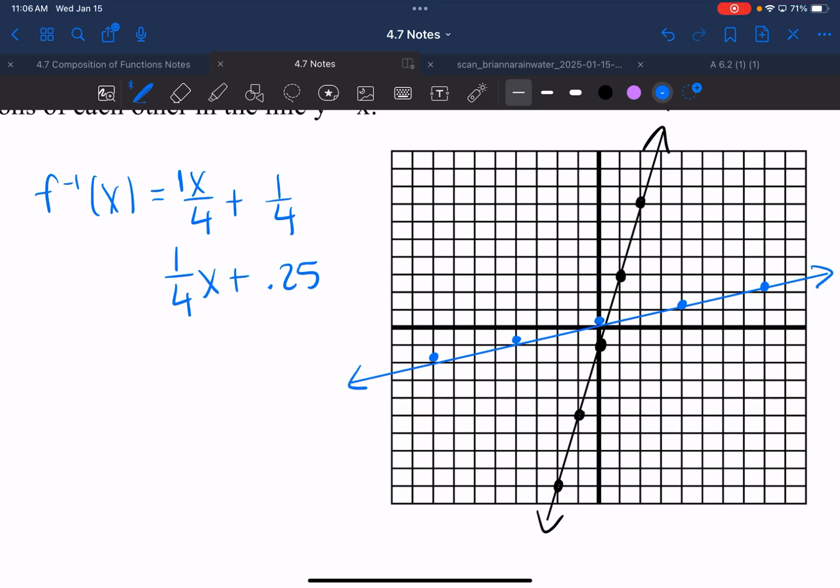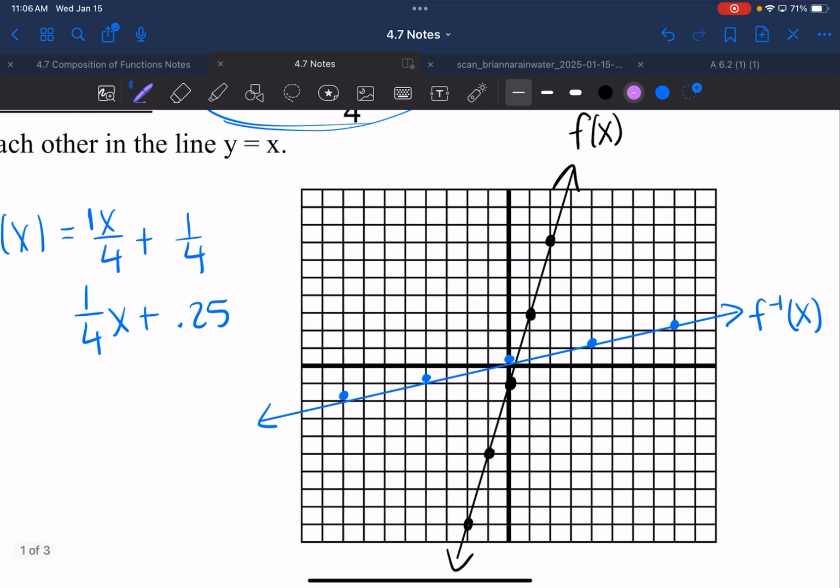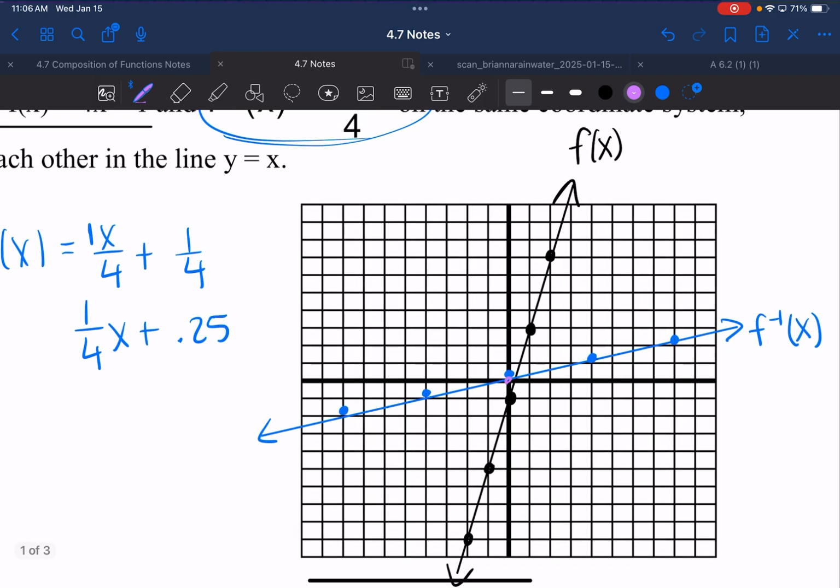All right, so here is my inverse function. All right, like you guys said, the line y equals x goes through the origin, and it goes up 1 and over 1.